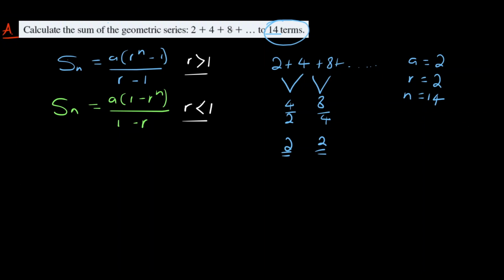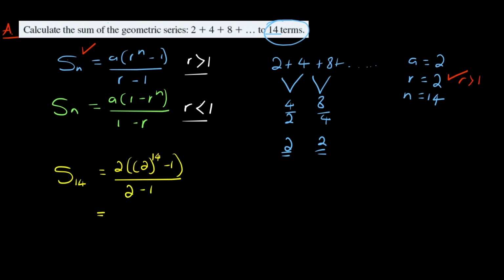So we need to choose the formula that we will use. Our r value is 2, and we know that 2 is greater than 1, so we're going to be using that formula to calculate the sum. Therefore, the sum of 14 terms will be equal to a is 2, r is 2 to the power of 14 minus 1, all divided by 2 minus 1.